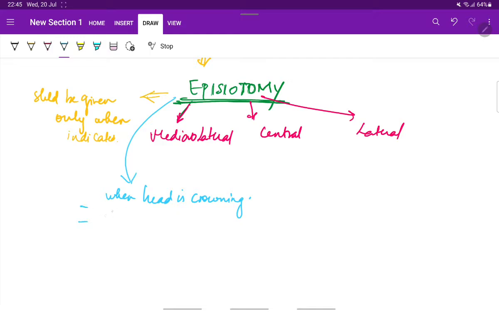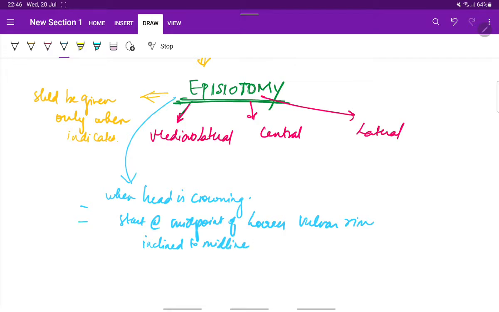And this should start at the midpoint of the lower vulval rim and it is inclined to the midline by 15 to 20 degrees to either side and directed towards the ischial tuberosity.